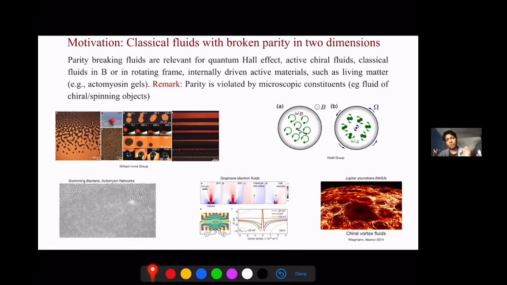And in some coarse grained limit, these chiral vortices can lead to a fluid-like behavior that manifests many of these 2-dimensional parity breaking effects. Such chiral vortex fluids were discussed by Abanov and Wiegmann some years back. So these are the typical systems that I have in mind when I talk about my hydrodynamical framework.